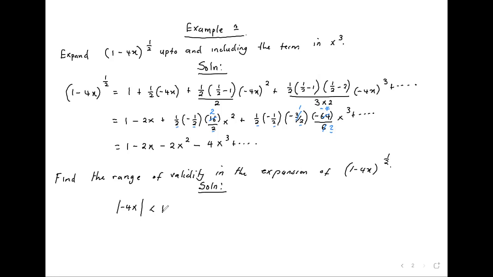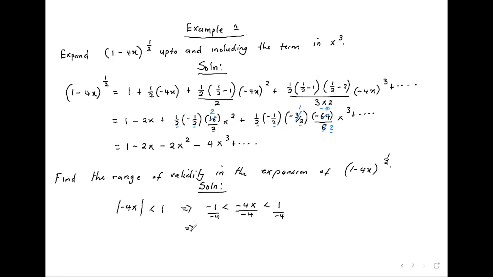Now, how do we solve this type of inequalities? The 4 can go out. In fact, initially we say -1 is less than -4x, which is less than 1. Divide by -4, divide by -4, divide by -4.